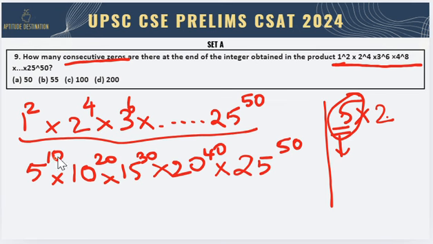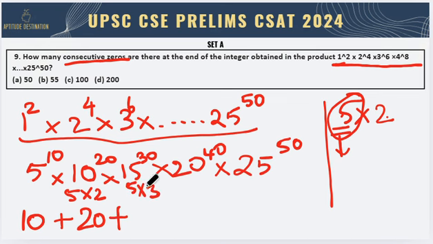So here we know that there are only 10 5's, right? And here we know that 10 can be divided into 5 into 2. So we have 5 power 20 and 2 power 20. We don't need the 2's. So 5, we have 20's in here. And here we know that this can be divided into 5 into 3. And we have 5 power 30 into 3 power 30, which means we have 30 5's here.